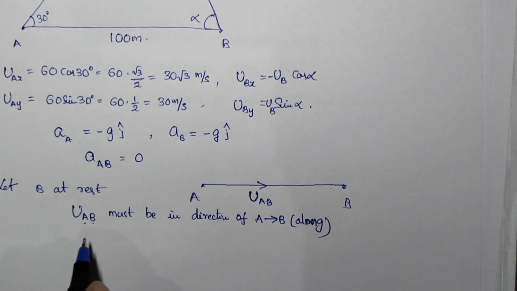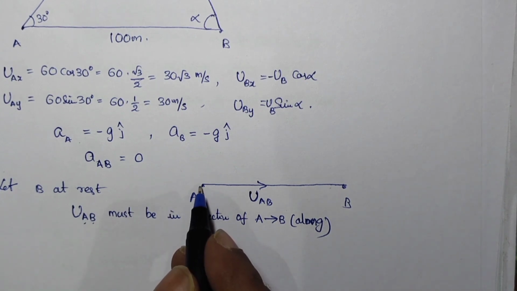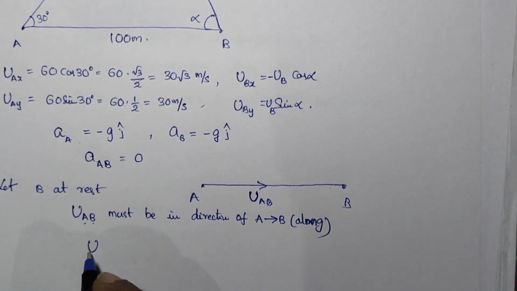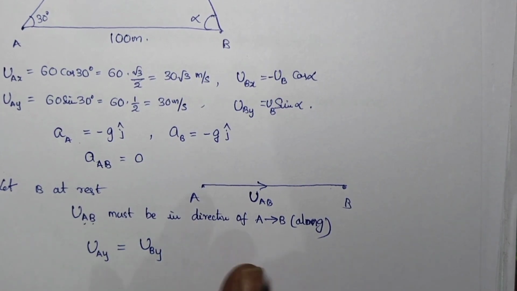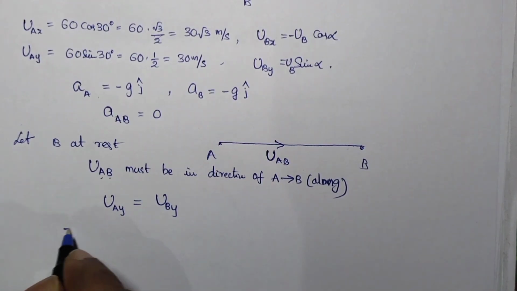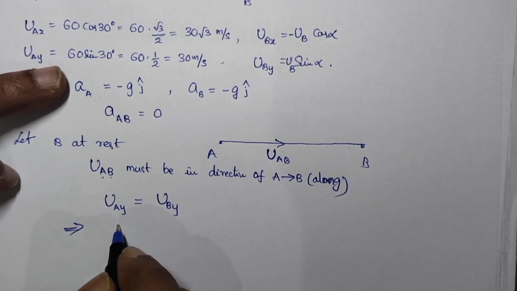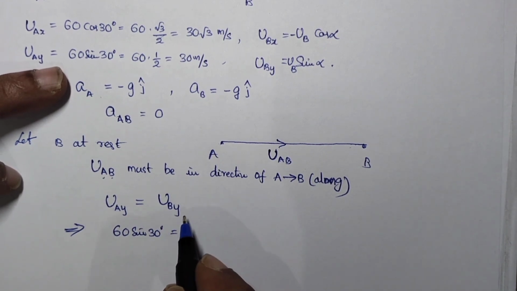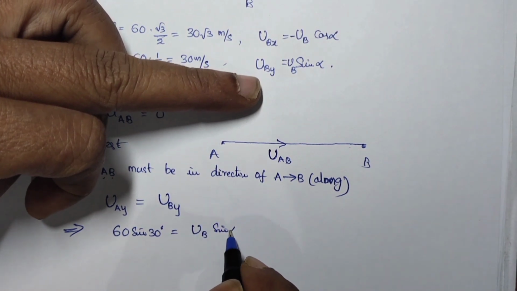This is only possible when the vertical projections of the velocities of both particles are equal, that is u_Ay is equal to u_By. So u_Ay is 60 sin 30 degrees, which is equal to u_B sin alpha.